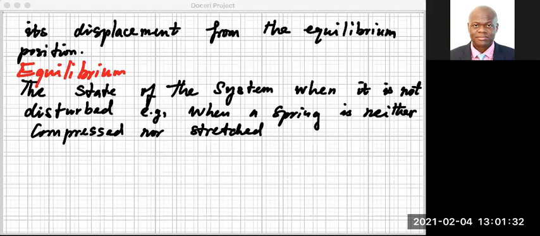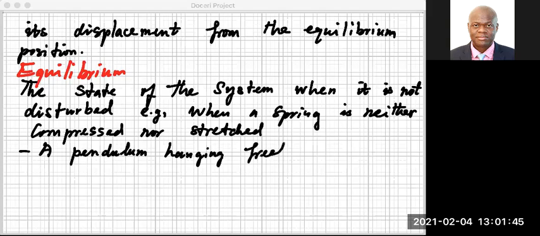Another example is the pendulum hanging freely with no displacement.